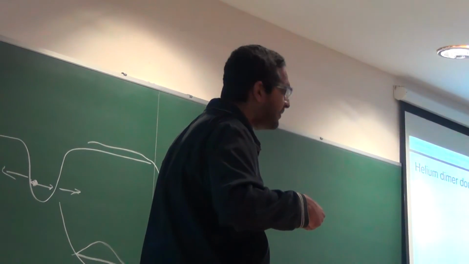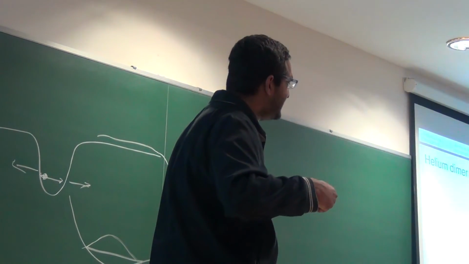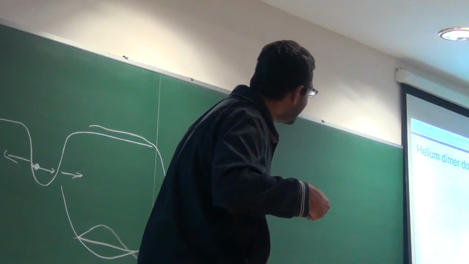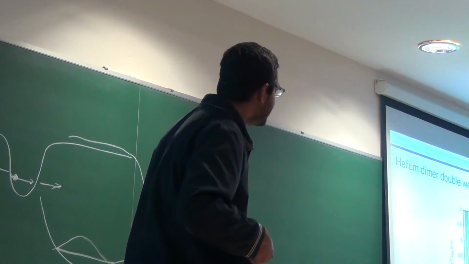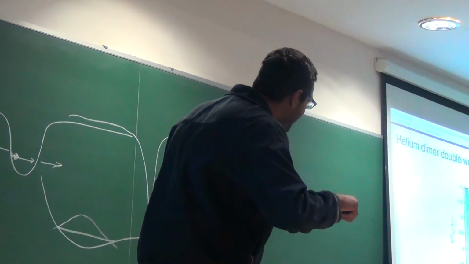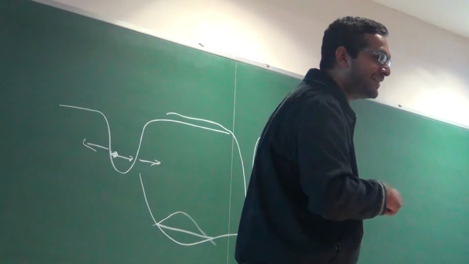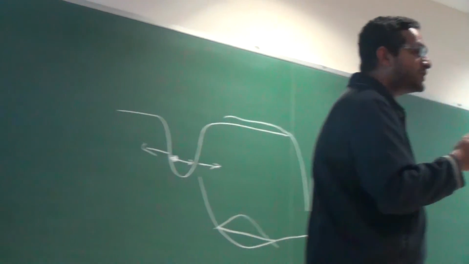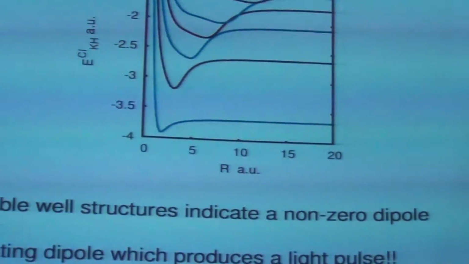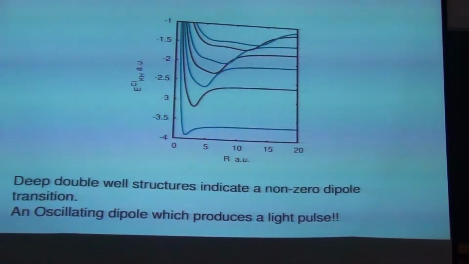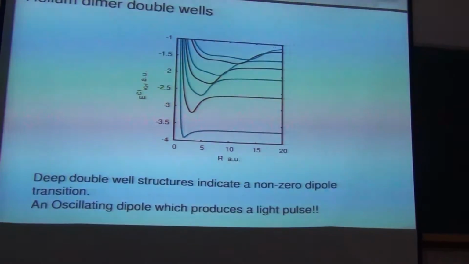Say this is for a quiver distance of 1, 2, 3, and so on and so forth. Now what is interesting here is this double well development in this particular case. For the time being, you should ignore this particular sentence. You should also remember that the depth of the well was such that there were quite a lot of bound vibrational states.